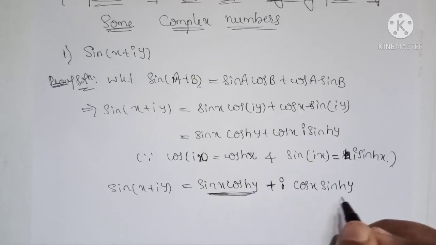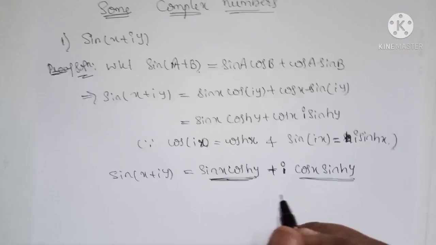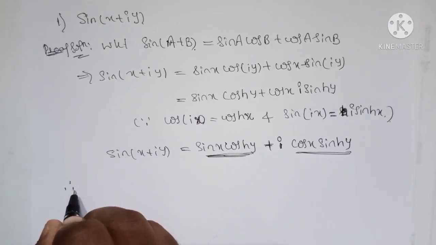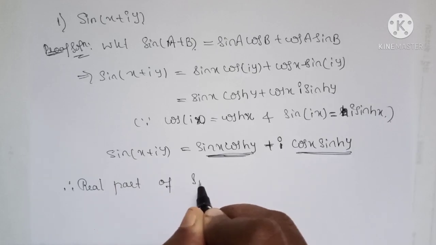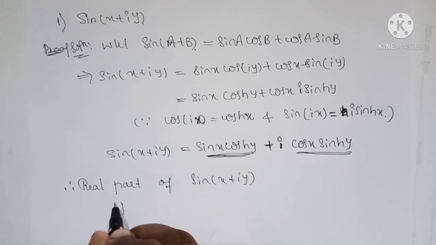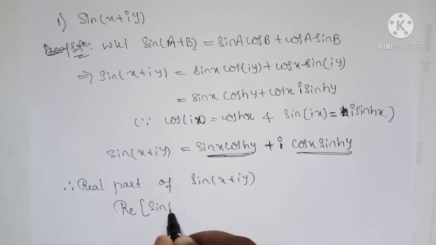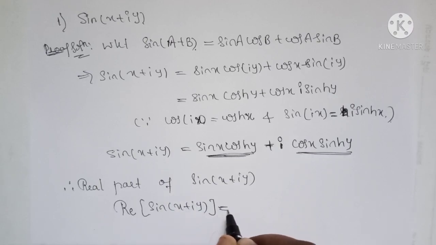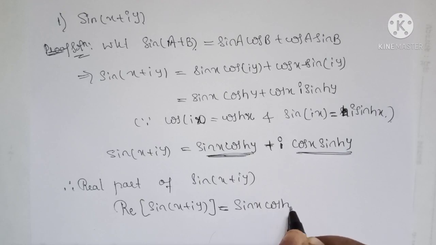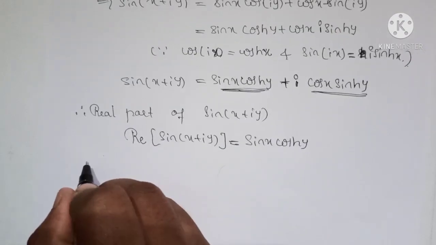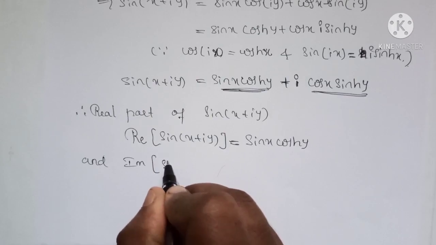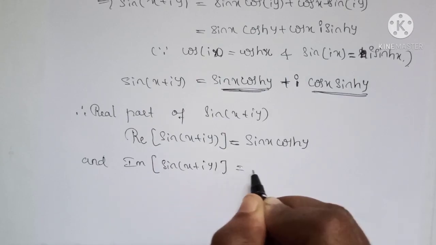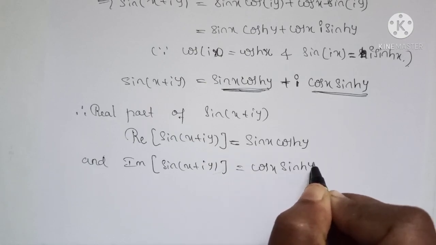Now we have separated the real and imaginary parts. This is the purely real part and this is the imaginary part. So the real part of the given complex number, which you can simply denote by R, the real part of sin x plus iy, is equal to sin x cosh y. And the imaginary part is the coefficient of i, that is cos x sinh y.